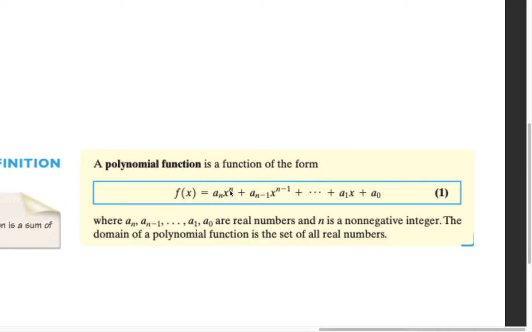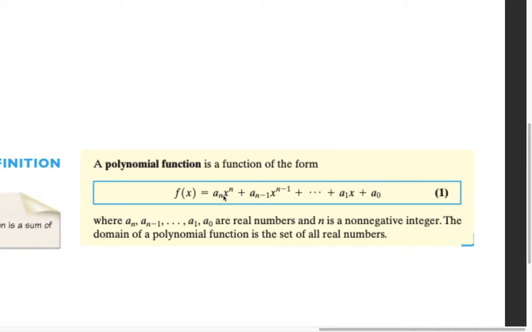X to the power n means, let's say, x to the power 4 or x to the power 5, some power, then again some number, then again x to the power something. The power is decreasing, down to x to the power 1 and then x to the power 0.